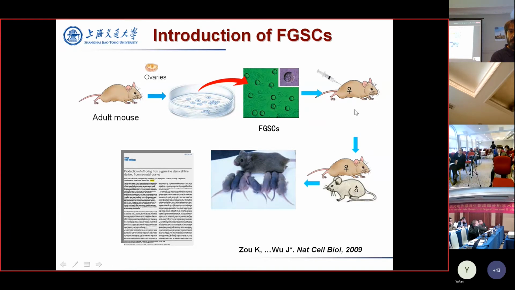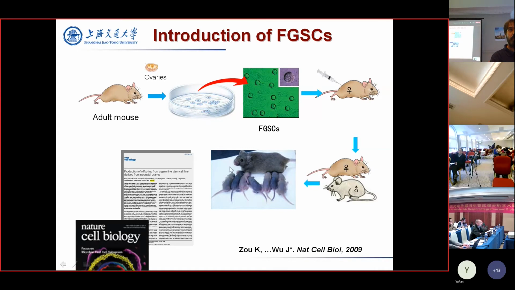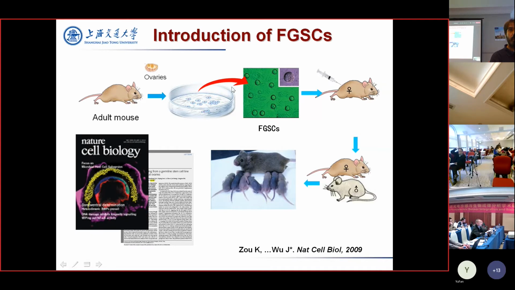After 1.5 months, the female is mated with a male, and they can get offspring. The offspring are derived from the FGSC. This paper was published in Nature Cell Biology in 2009.